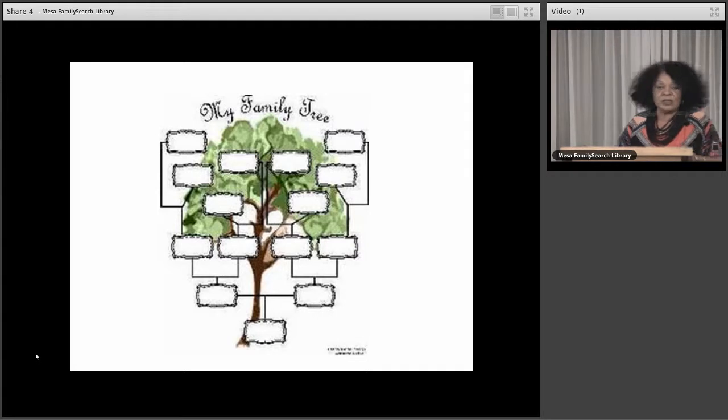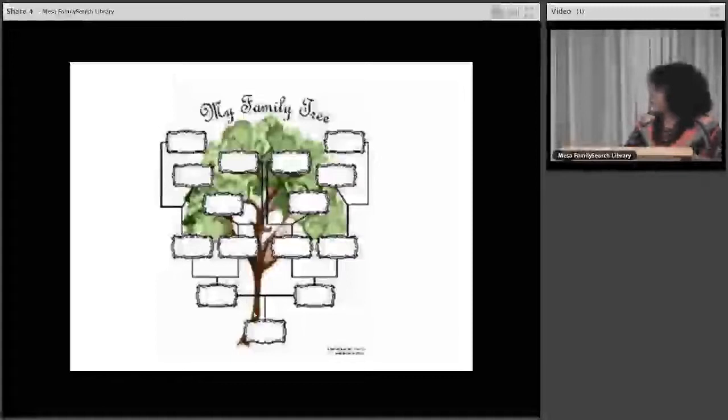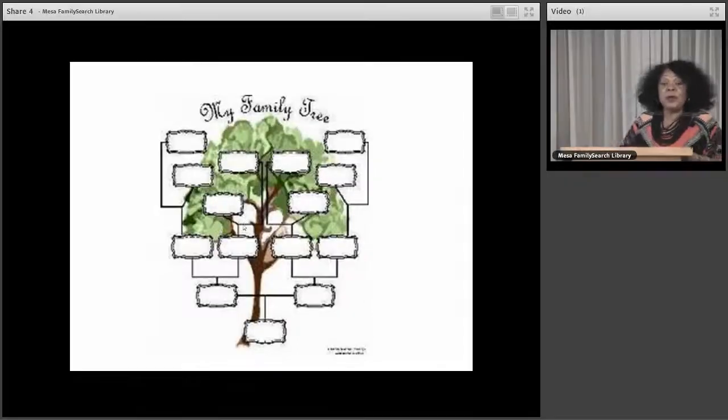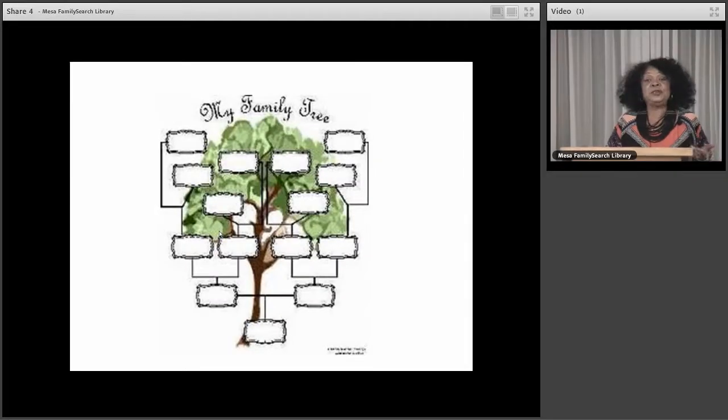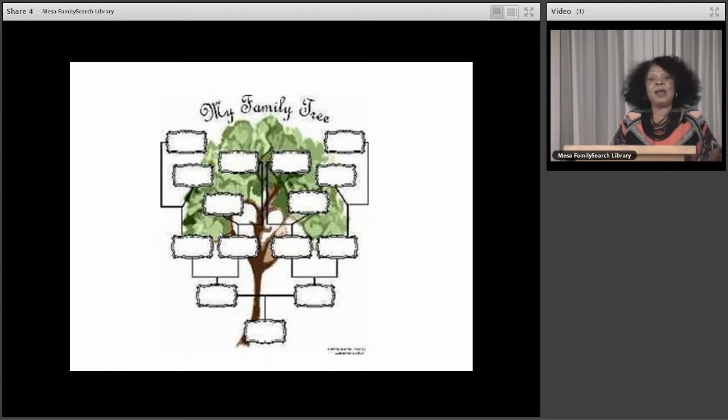And basically, this is how our research begins. You start with yourself, your parents, their parents, and you go as far back as you can go. You start out with the bare bones, and as you do your research, you add flesh and life and character to these individuals.